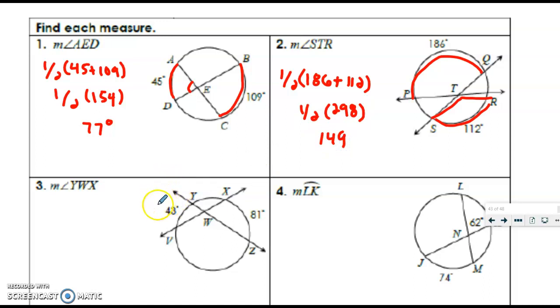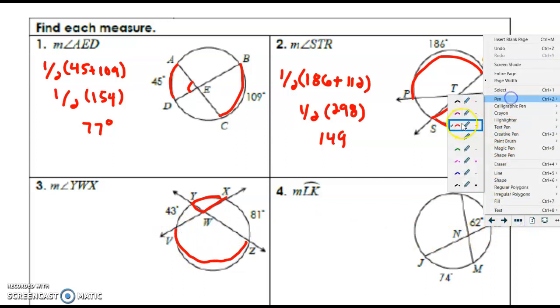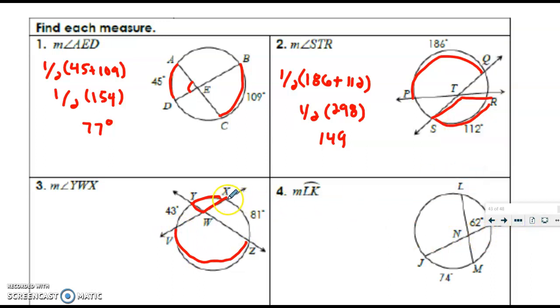Okay. Now, I'm looking at YWV, which is this one. Now, I don't really know much about either of those two arcs, but I do have those two other arcs, and those two other arcs are going to be related to XWV. So if I could just find out what this angle is, then I'm going to be able to find out what that one is.